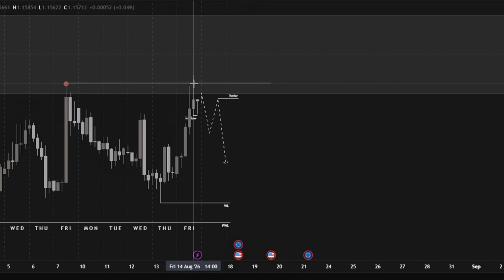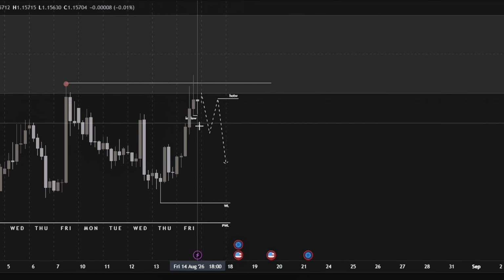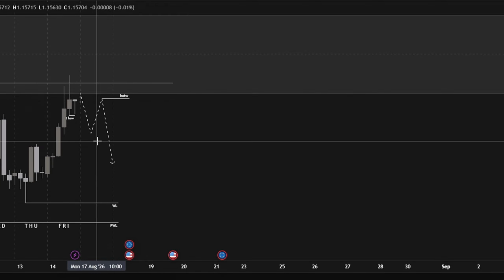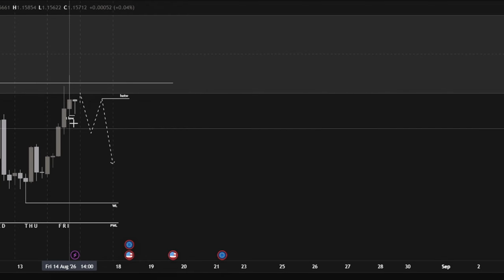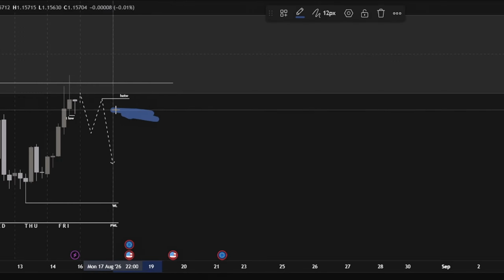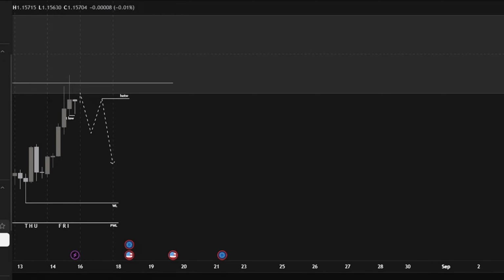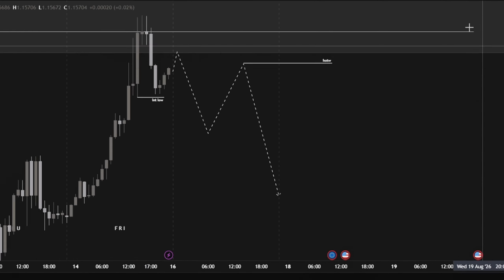Obviously, this happened on a Friday, so we'll see how Monday opens. It may want to take that and then move lower, or we may see something like this. Price moves lower, and then gives us that high of the week, and then we can enter and target those lows. I can go to the hourly as well just to show you.